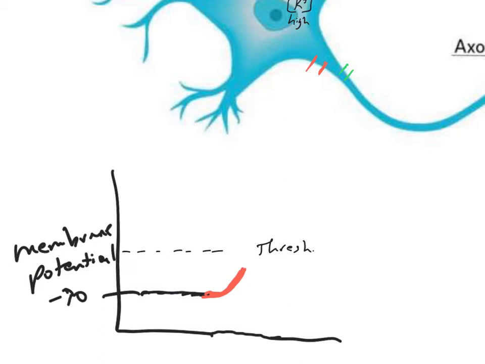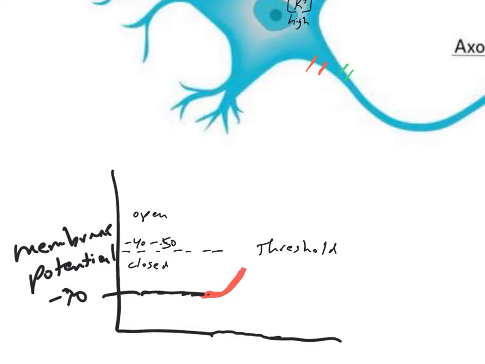The threshold is the voltage at which these either open or close, and most of these are going to open or close right around minus 40 or minus 50. What that means is at any membrane potential below this, those channels are going to be closed, and above that threshold, those channels are open.